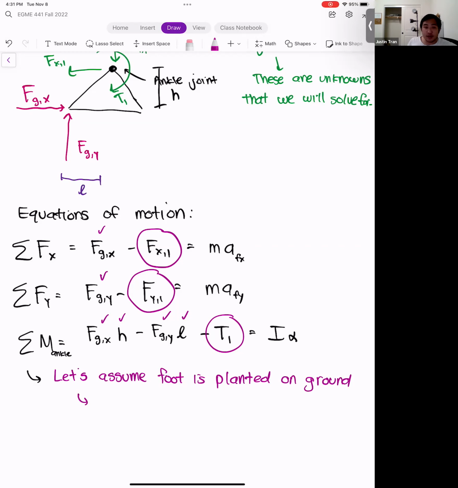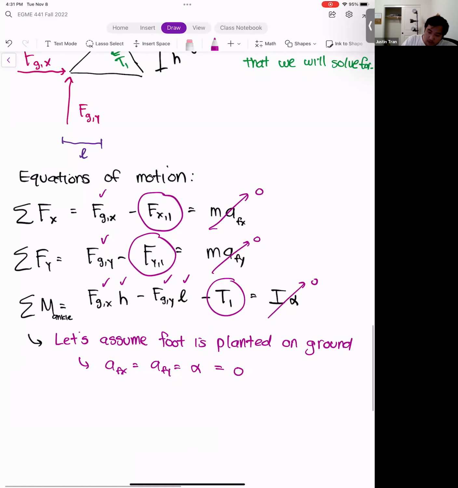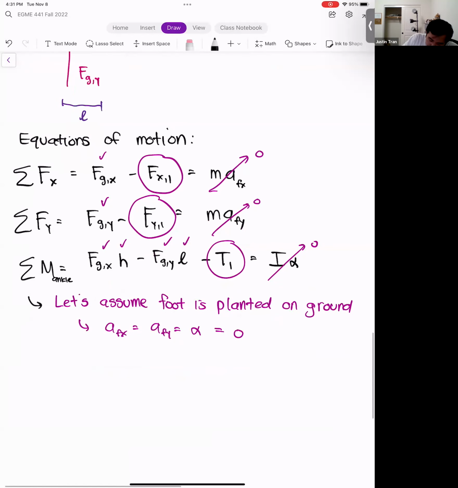If our foot is planted on the ground and it's stationary, that means its acceleration, both the linear acceleration, aFx, aFy, and alpha, are also going to be equal to 0. All right, and so with those in mind, we can solve these equations for Fx1, Fy1, and T1.